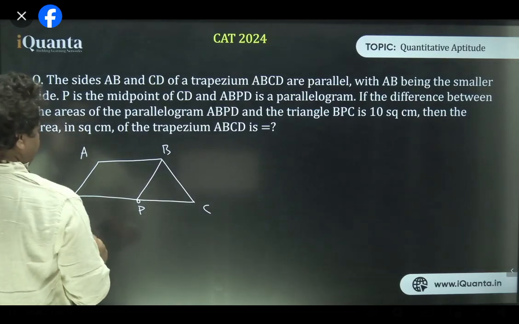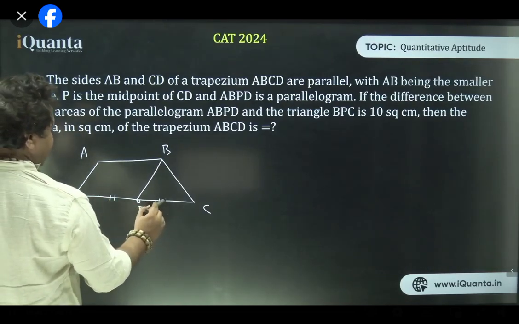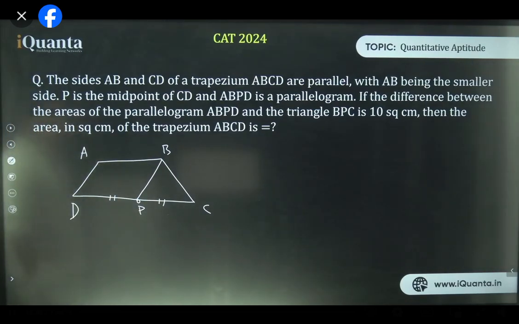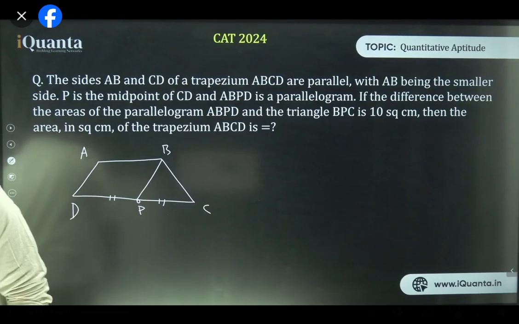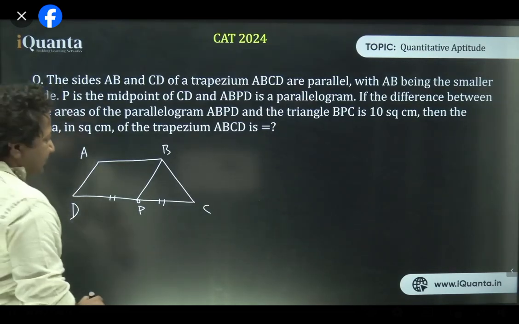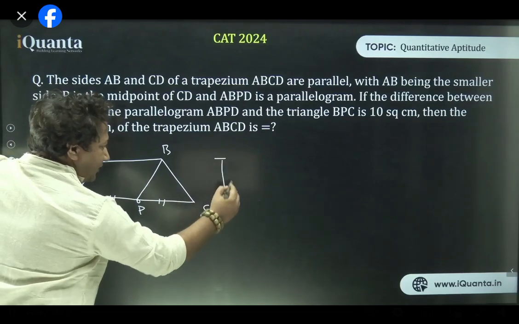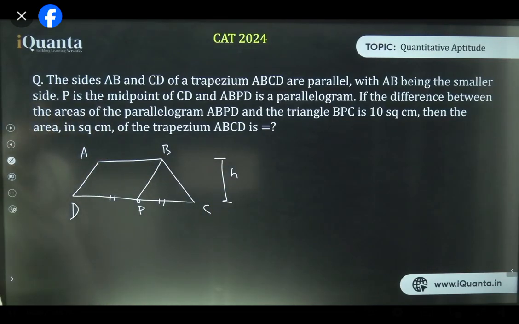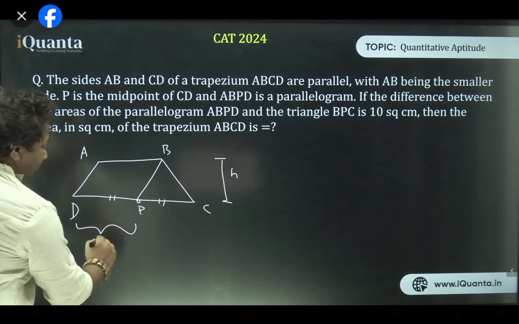These are midpoints, right? So these two are equal. P is the midpoint. There is one thing which all of us know, isn't it? I can assume height to be h and these two to be b each.